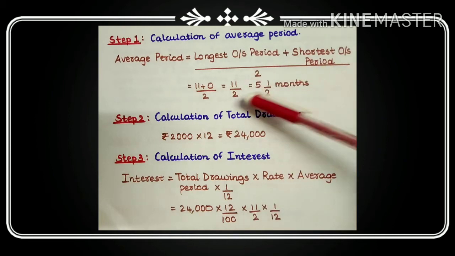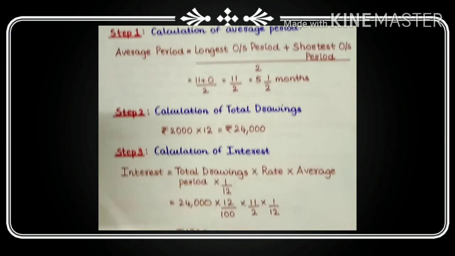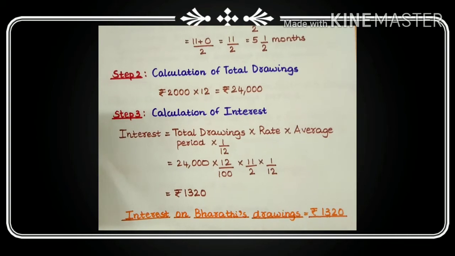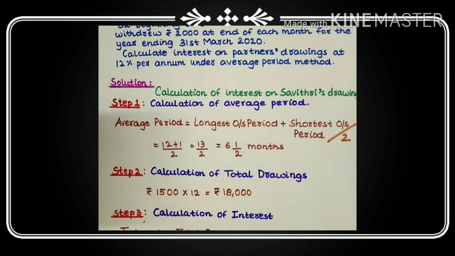I will take 11 by 2, into 1 by 12, which will give you rupees 1320. So the interest on Bharati's drawings is rupees 1320. They had given two persons, Bharati and Savitri. We calculated both.